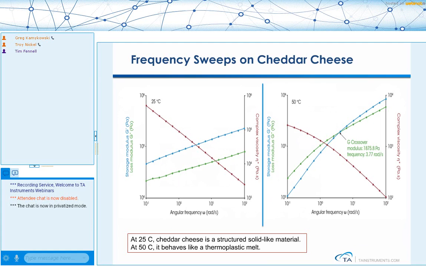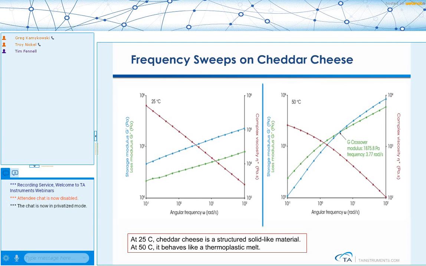Frequency sweeps are very useful tests on a number of materials. Here we're showing frequency sweeps on cheddar cheese at two different temperatures. At the low temperature, where the material is more solid, we don't see much change in the storage or the loss modulus as a function of frequency.